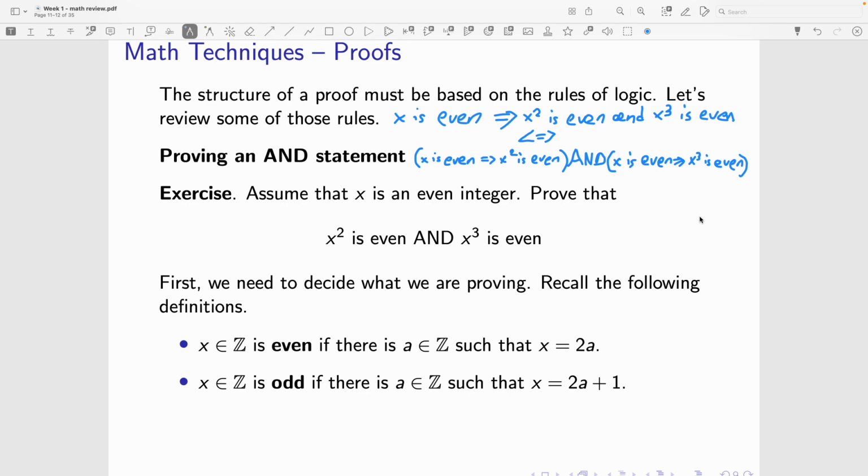So let's start with the first one. x is even implies that x squared is even. So since x is even, that means there exists an a such that x equals 2a.